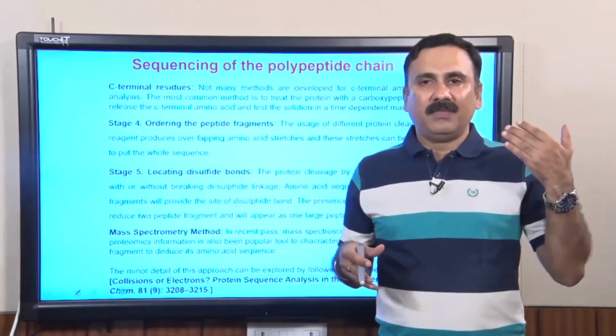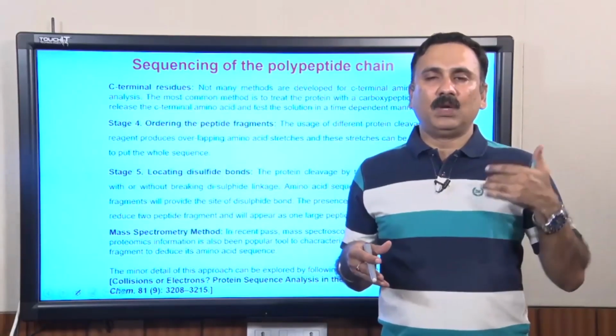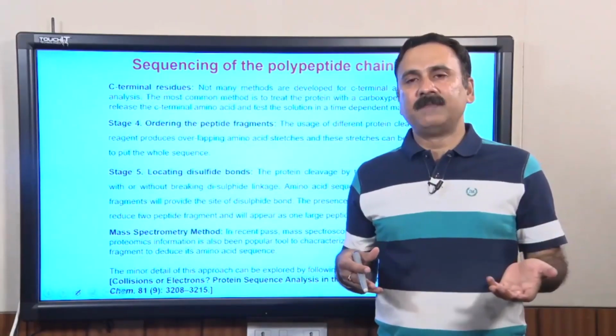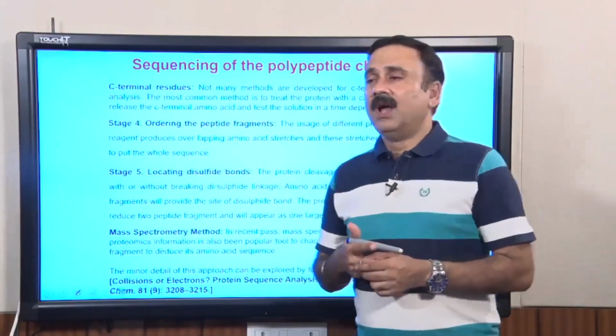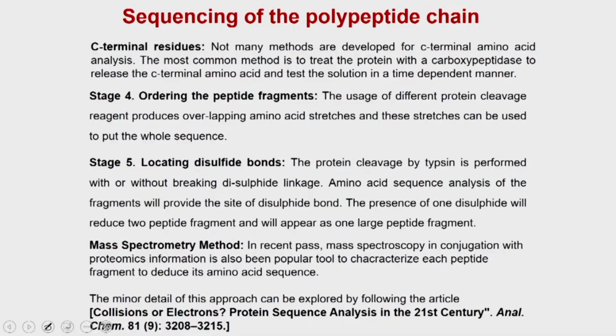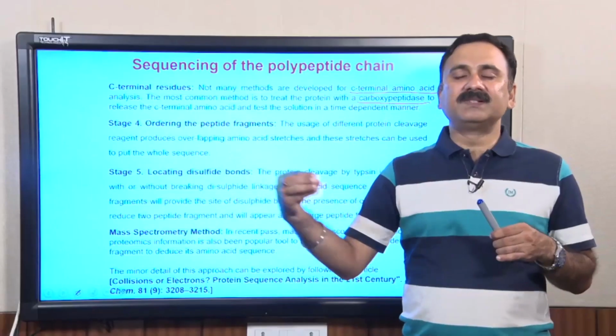There is no general method available for sequencing the carboxyl residues or the C terminal residues, except that you can get the C terminal amino acid residues simply by treating the protein with carboxypeptidase. The carboxypeptidase is a specific protease which chews up the protein from the carboxyl side, which means it is chewing up from the reverse side.